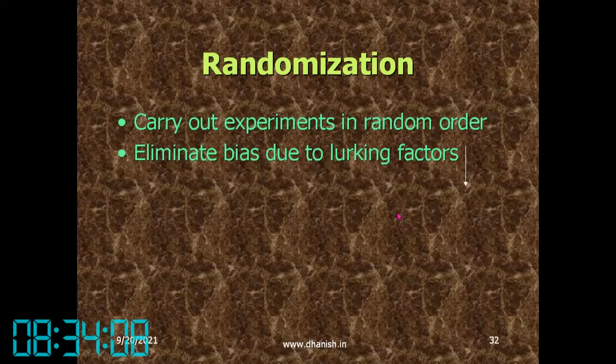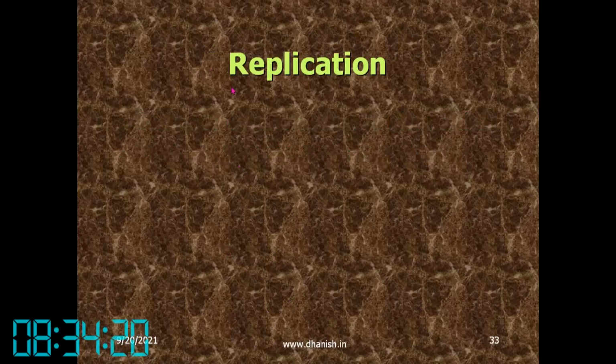Nowadays, because of COVID, a lot of articles have come up on how they test vaccines, and if you have read through them, you can easily follow this. Then replication. What is replication? It is essentially repetition, but with the condition that you have to reset all the factors.